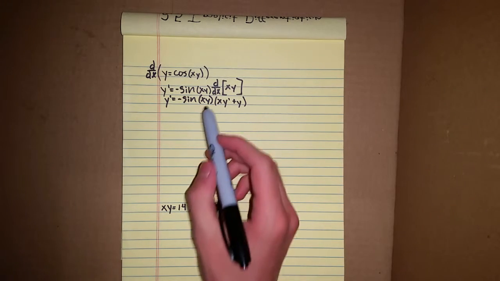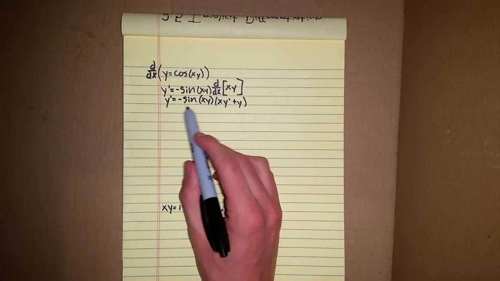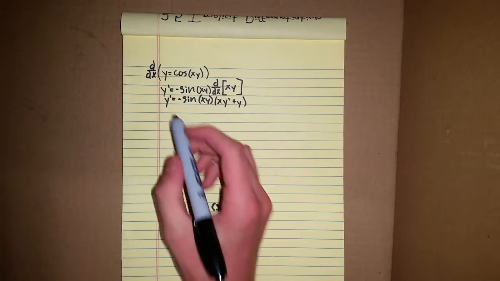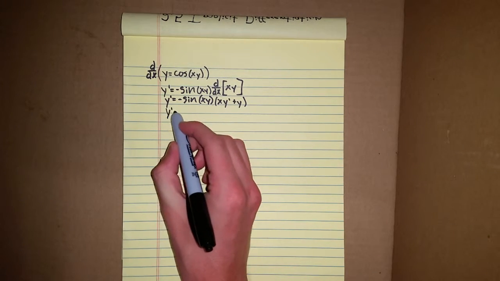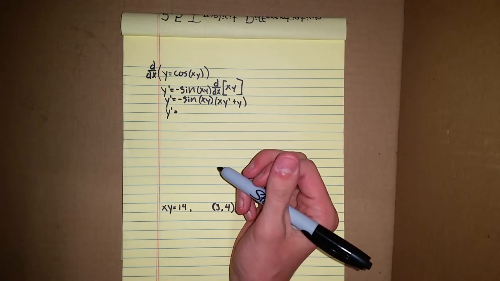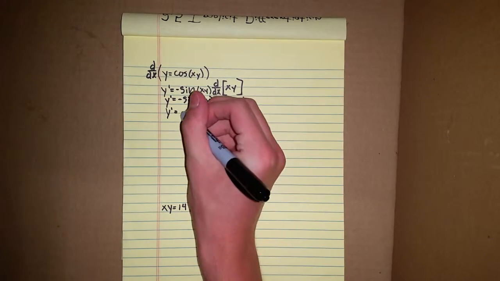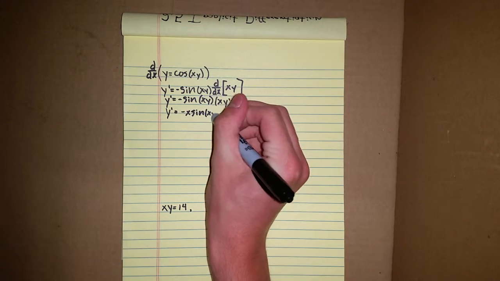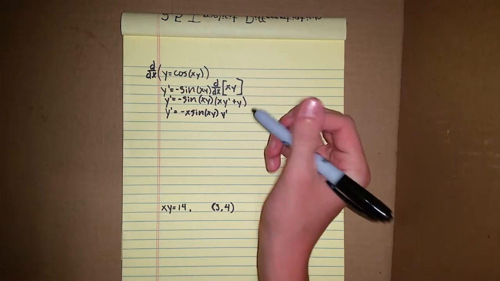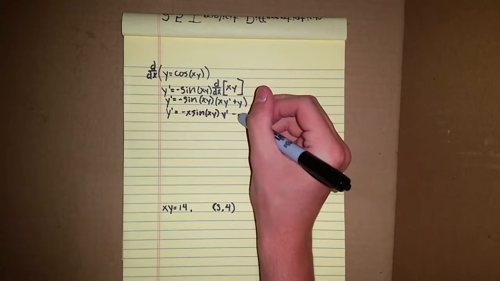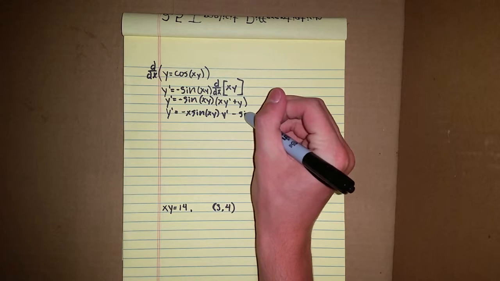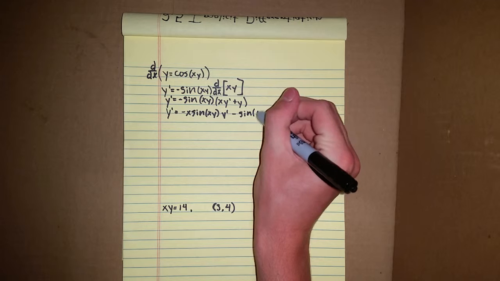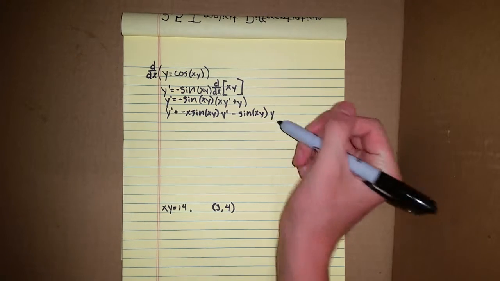Now I'm going to distribute this negative sine of xy to both of these terms. So y prime is equal to negative x sine of xy y prime minus sine of xy y.